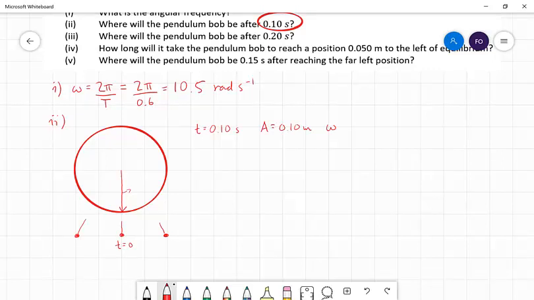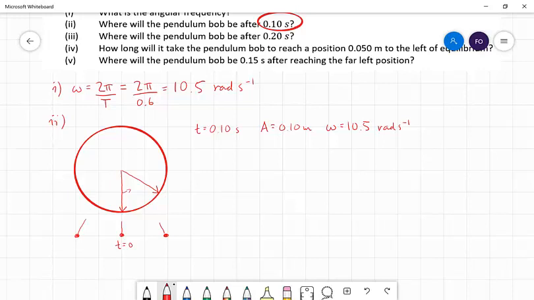And we now know that omega is 10.5 radians per second. Okay, so it's going to go 2/3 of the way up to here, because that's 0.15 and this is 0.10. So we can sketch in the phasor here. It's going to be something like that.